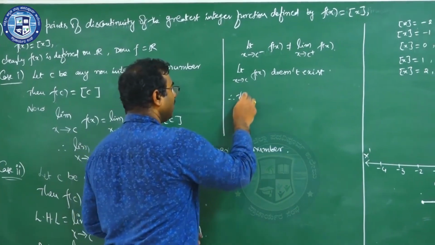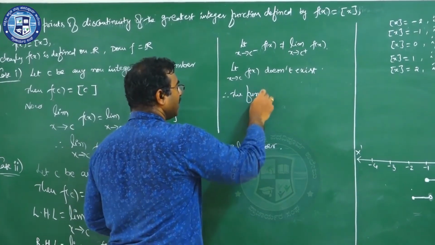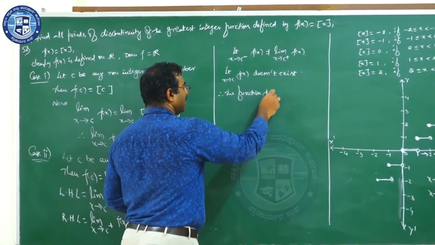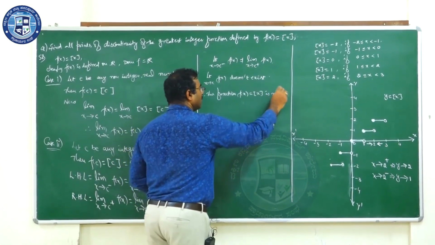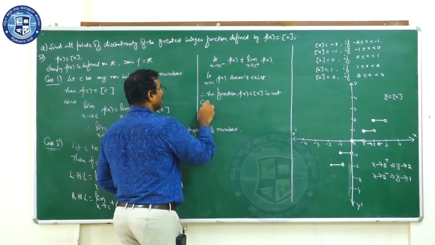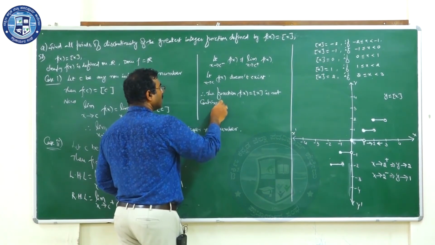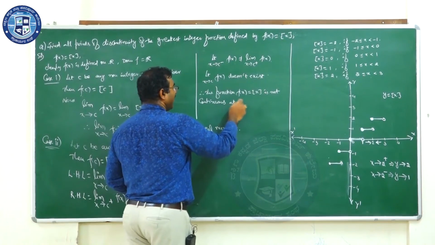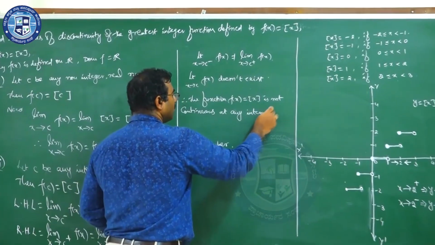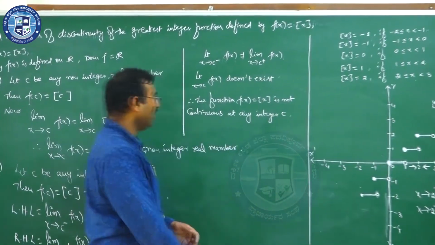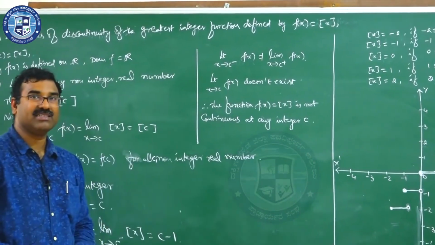Therefore, the function f(x) = [x] is not continuous at any integer C.